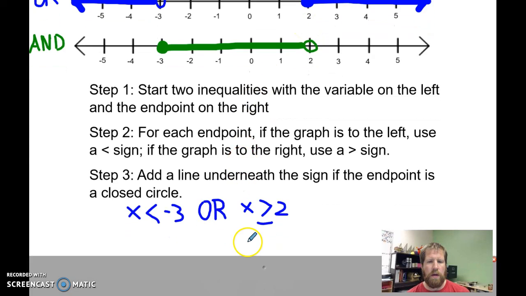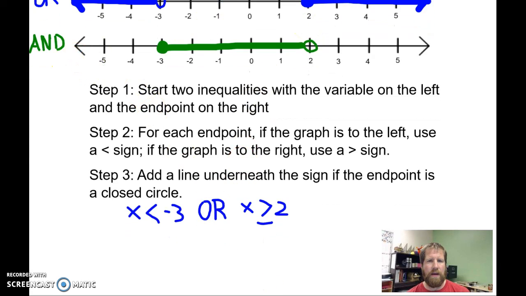If I'm doing an AND graph, I'm going to start with the same things. I have my x and -3, and then I can put in my AND, and then my other x and my 2.